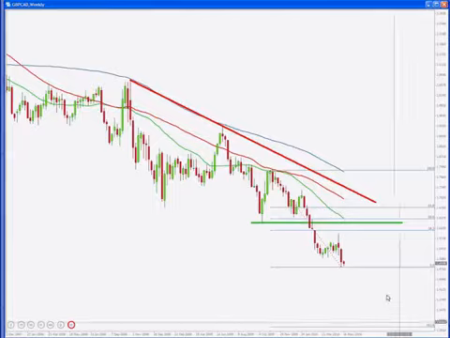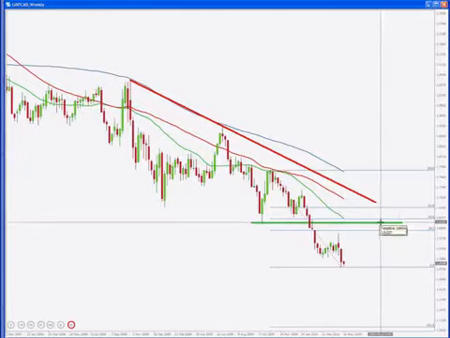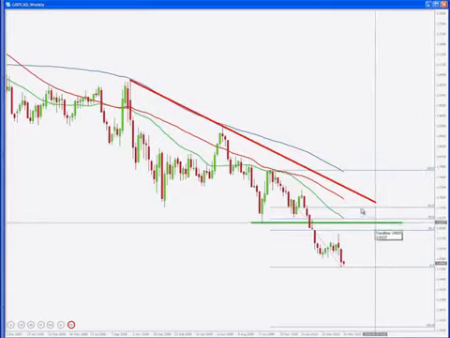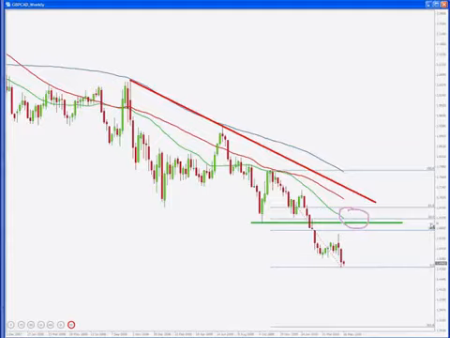Actually, let me give you the exact level: 162.40, 162.30. Around this area, right? Again, 162.40, 162.50, somewhere in there is a good area to search for potential bounces to the downside.